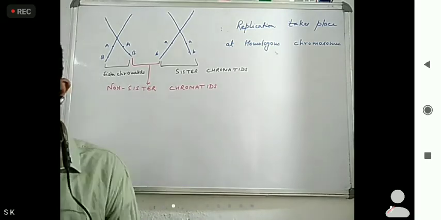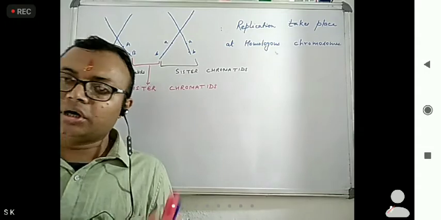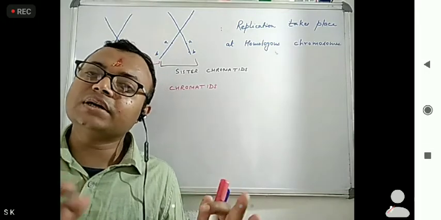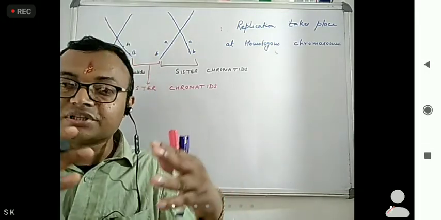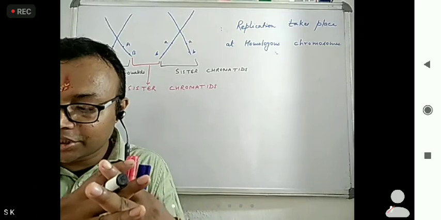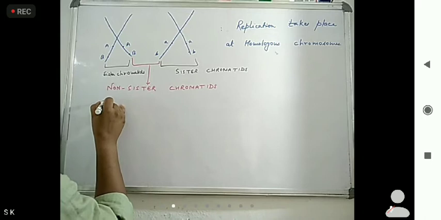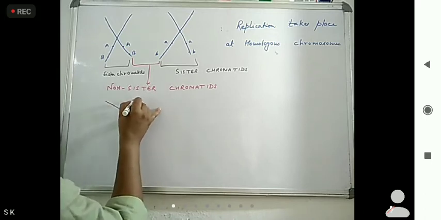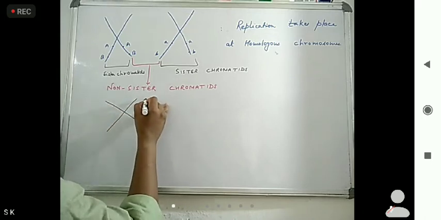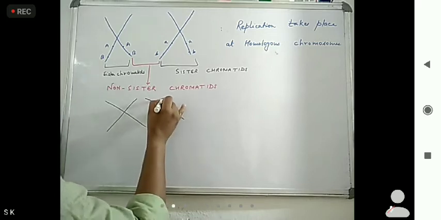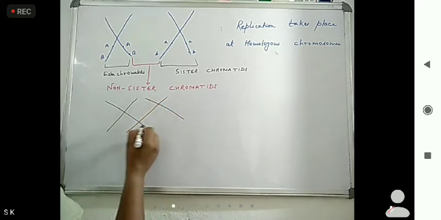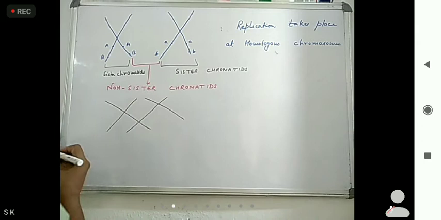Before that, what happens? These homologous chromosomes undergo what? Synapsis. They come close and mingle with each other. So here these two come close to each other, like that they are coming.